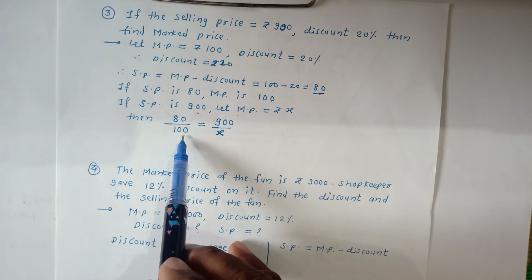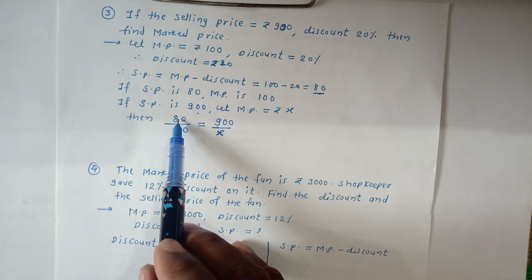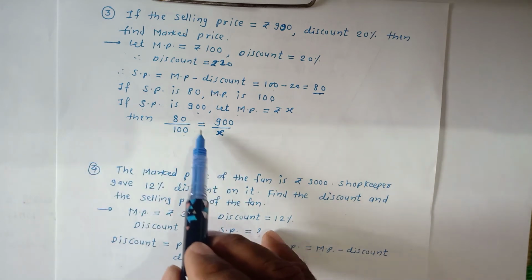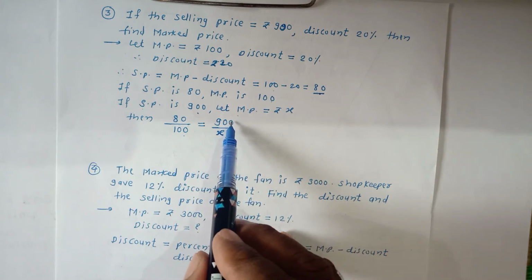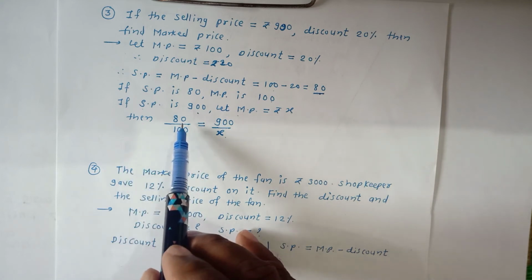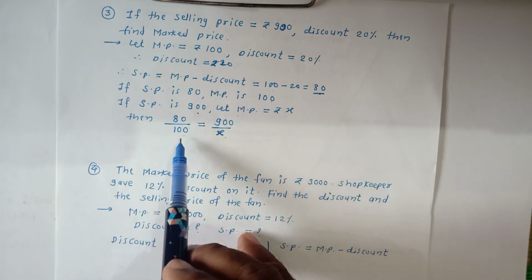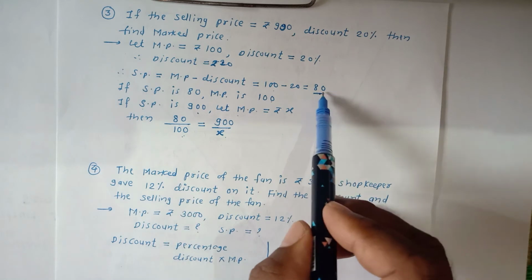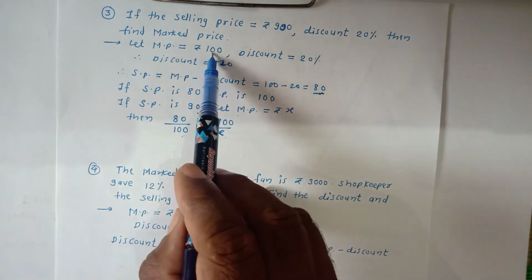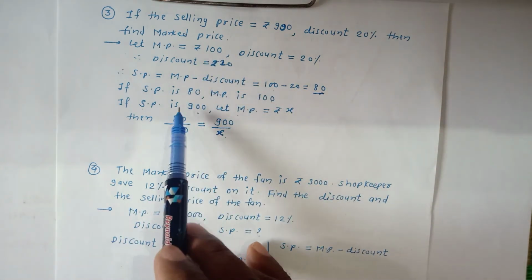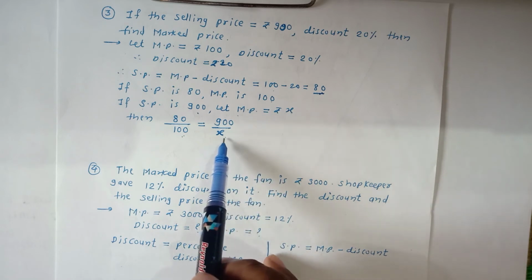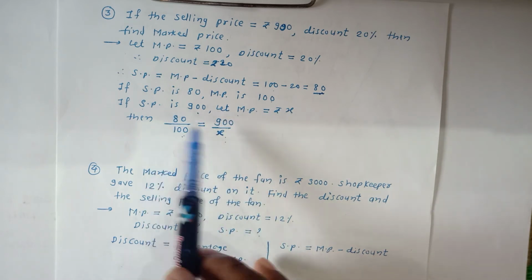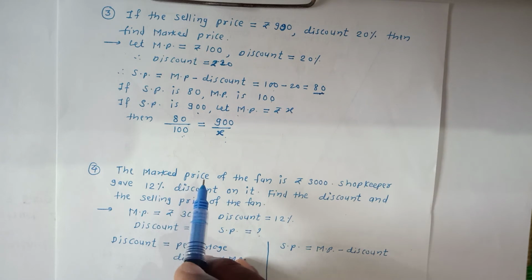On mark price 100, selling price is 80, and that is equal to: on mark price x, selling price is 900. So this is the ratio of selling price upon mark price. Selling price 80 upon mark price 100 is equal to selling price 900 upon mark price x.